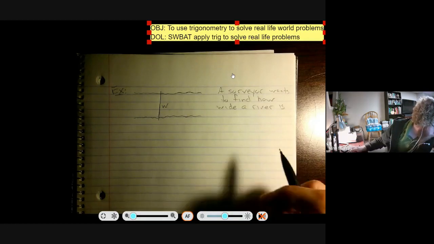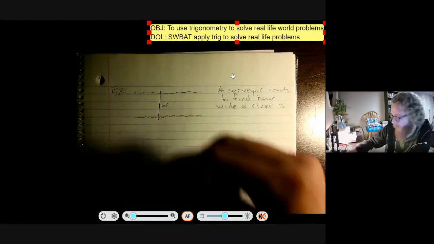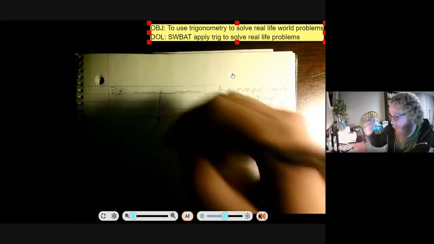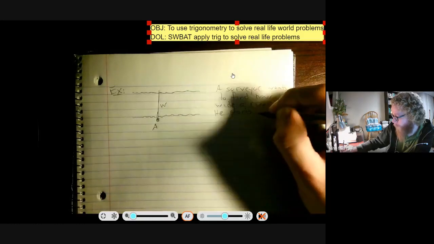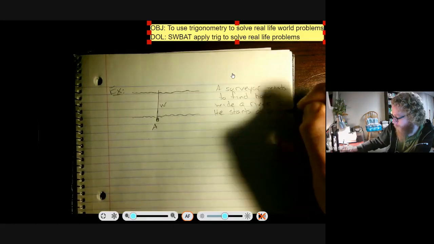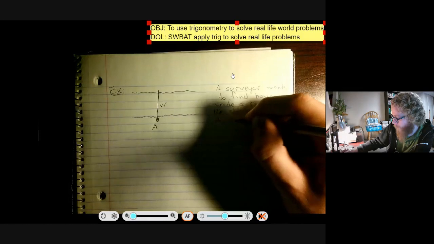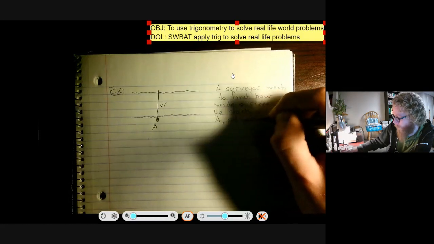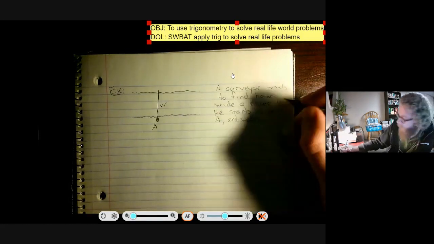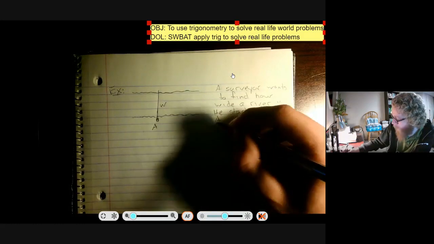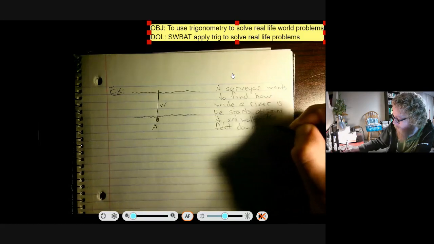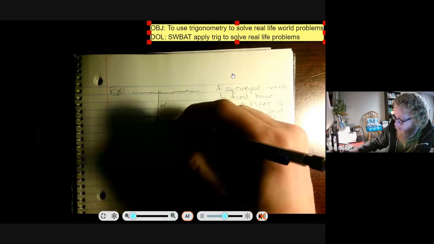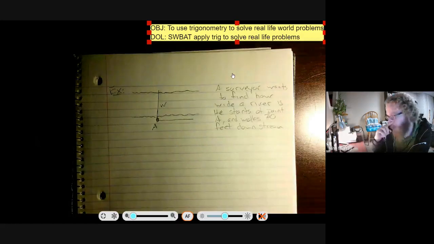So what they do is they start at some point here. We'll call it point A. Right, and then they measure some distance going downstream or upstream.